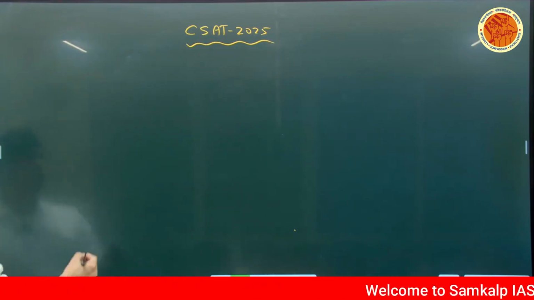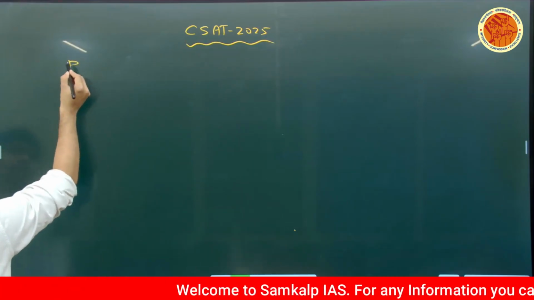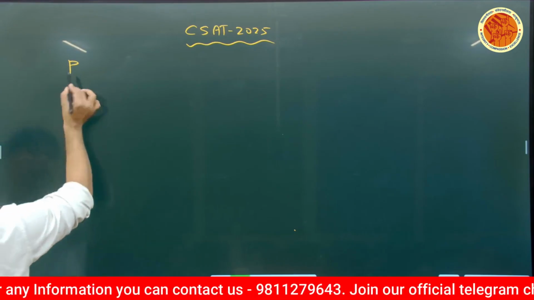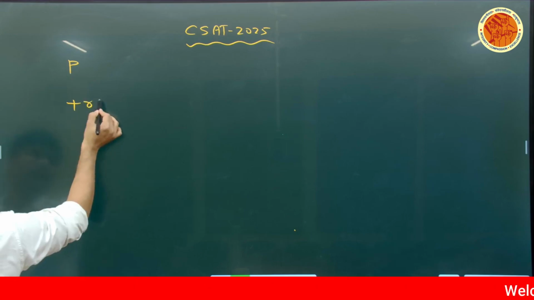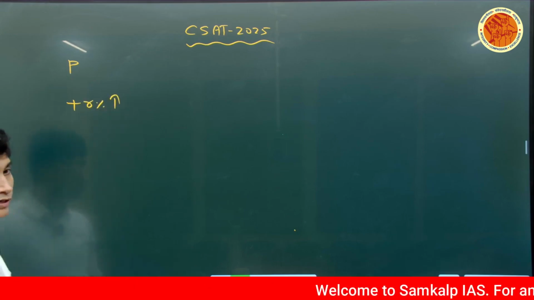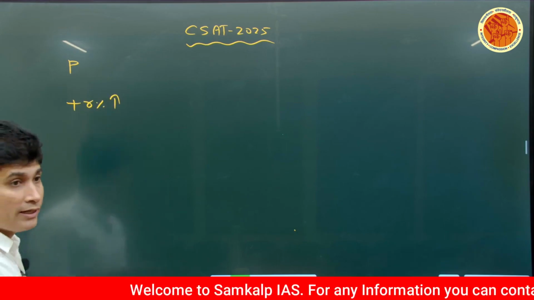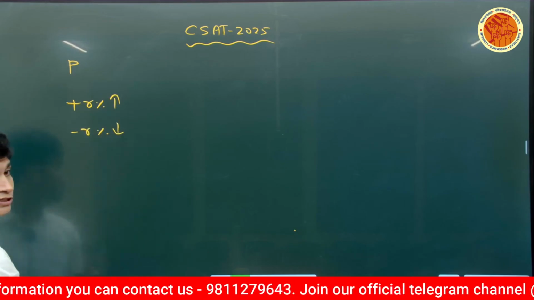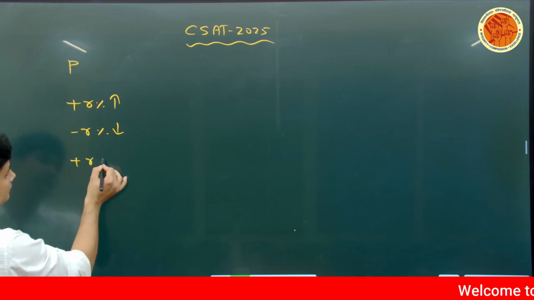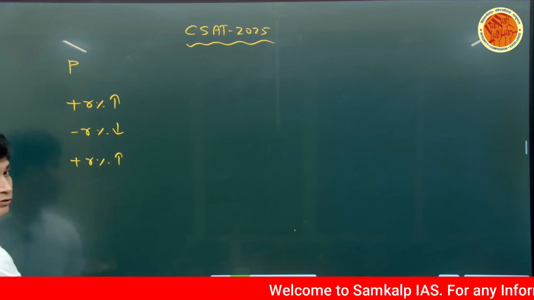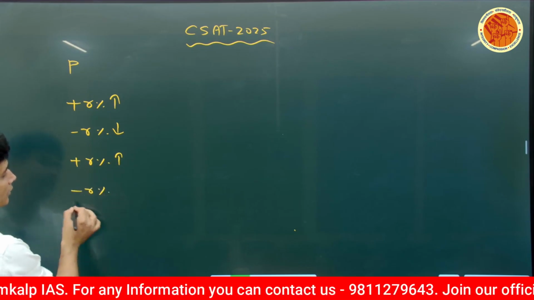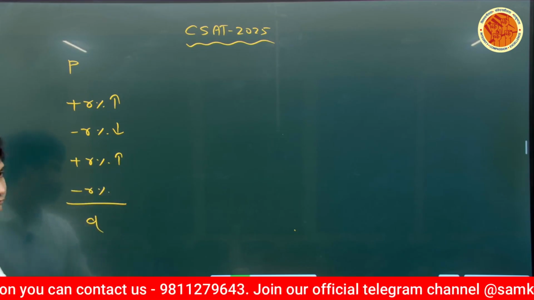Here, the price of the commodity was P. First time this price is increased by R%. Whatever value achieved, again decreased by R%. Now whatever value achieved, increased by R%. Now whatever value achieved, decreased by R%. The new final value becomes Q.